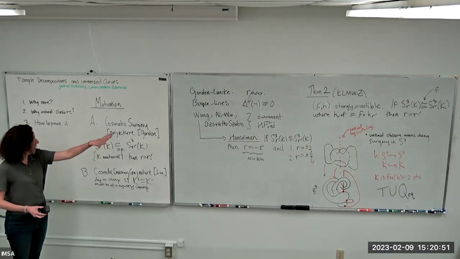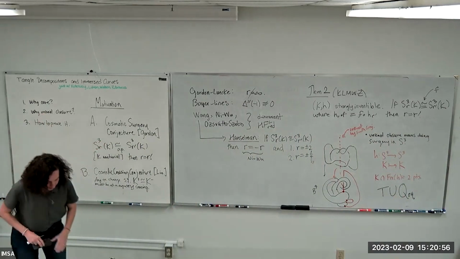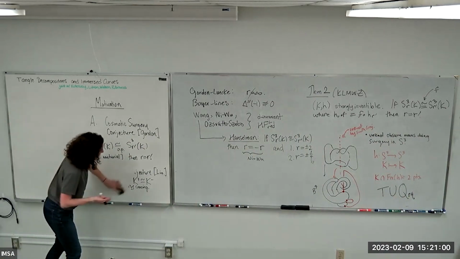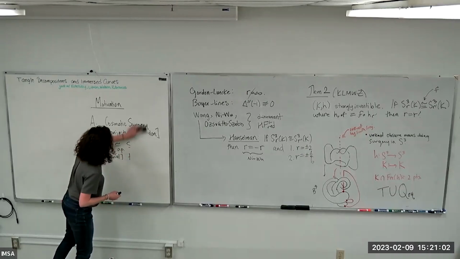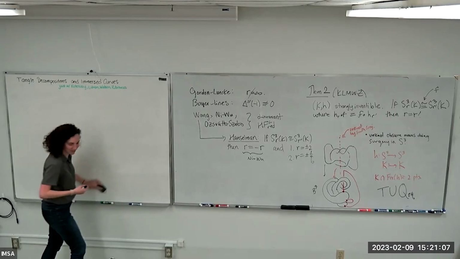How we're going to prove that is to prove the tangle thing. Sometimes it's the other way around. Maybe you want to prove something about knots, and so you prove something about surgery, but this time it's backwards.